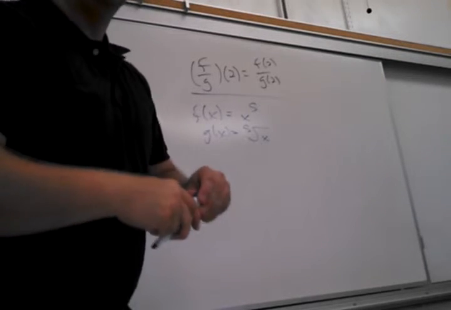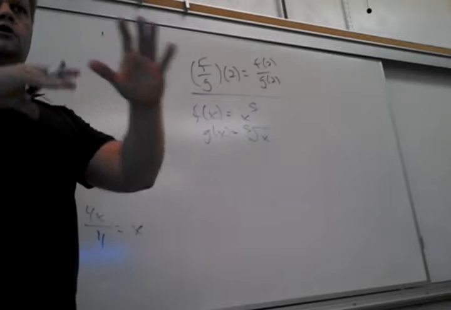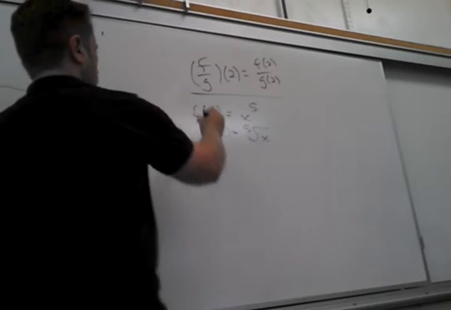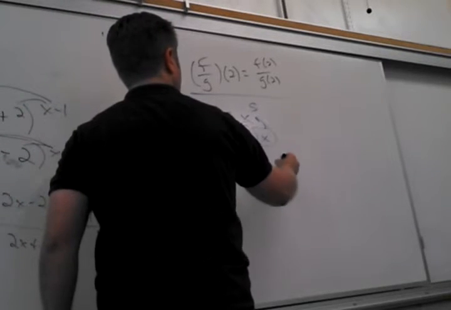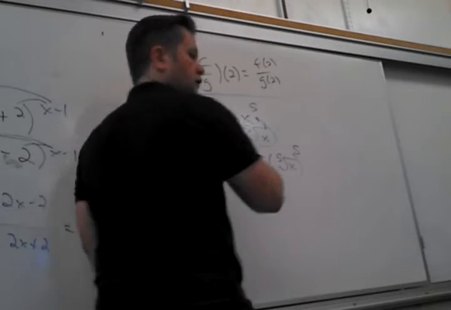All I want you to do there is plug one into the other and show that they do end up with just x. And it kind of makes sense it's going to happen, right? If I do f of g of x, I plug this into there, so it'll be the 5th root of x to the 5th power.